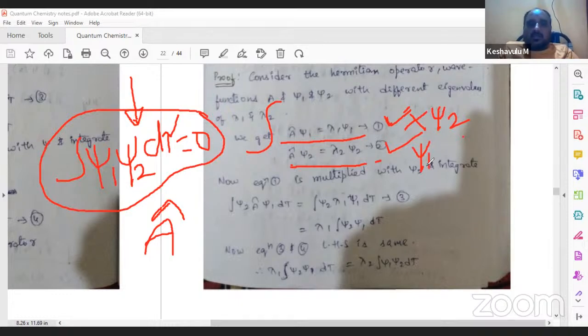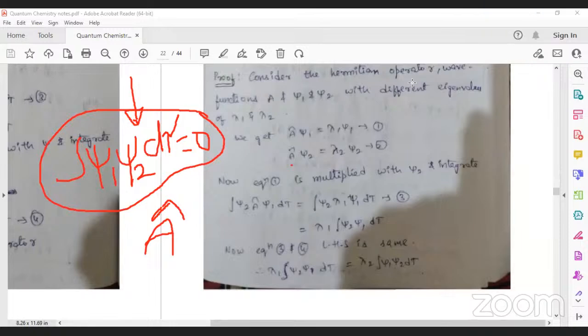Previously psi and psi star were there; here psi 1 and psi 2. So the procedure and approach were the same, right? These are the two equations.